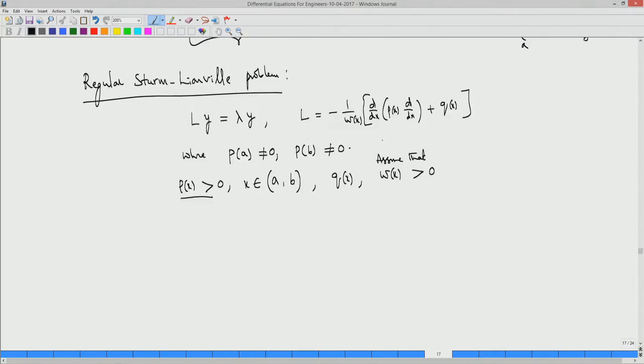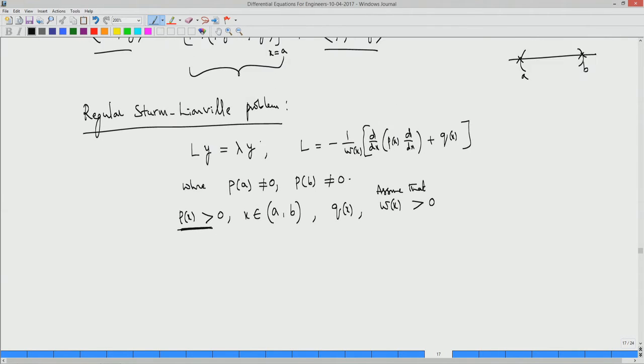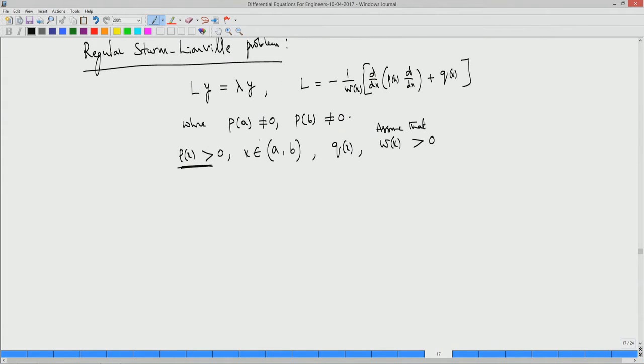With this, you say that it is a regular Sturm-Liouville problem if mainly P(x) is positive. In this case, the boundary conditions are like this. You consider some alpha 1 and alpha 2, where y is the unknown function: alpha 1 y at A plus alpha 2 y dash at A equal to 0.